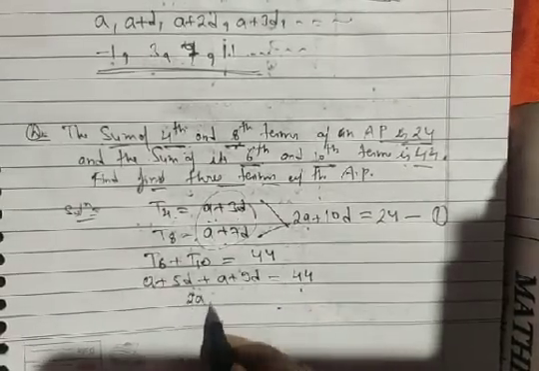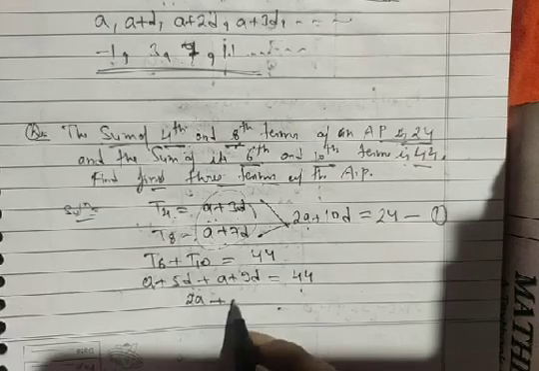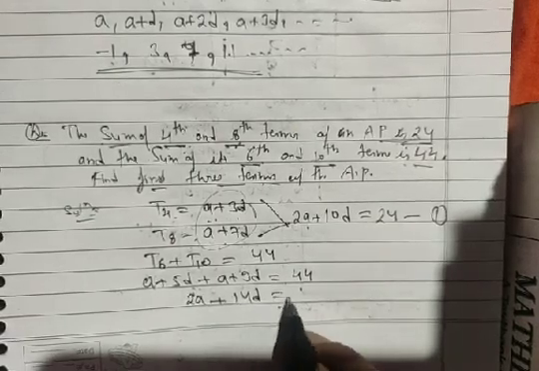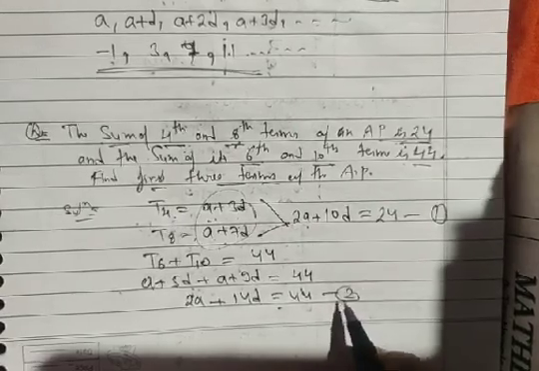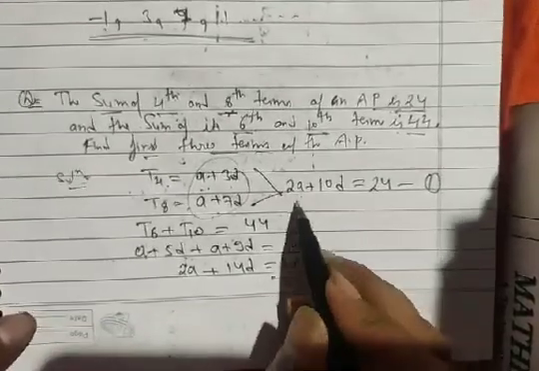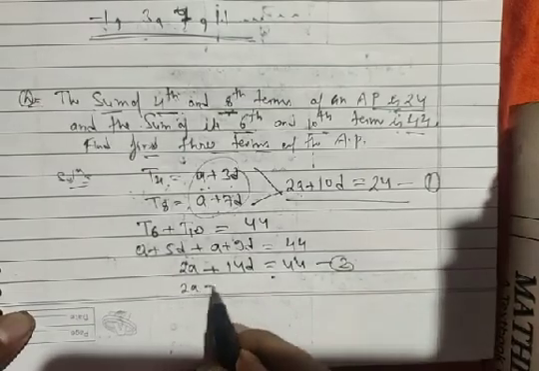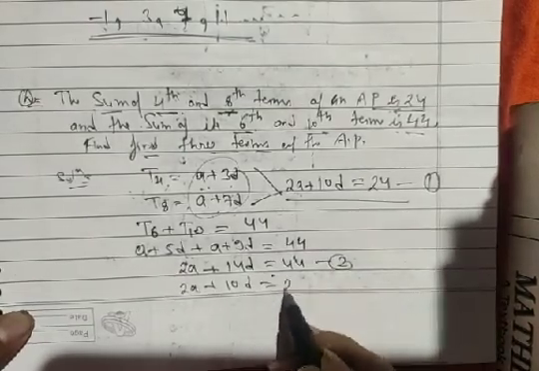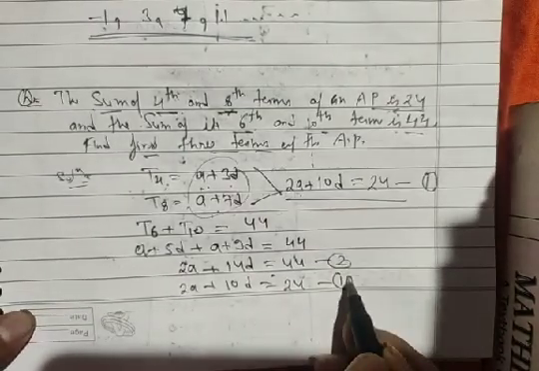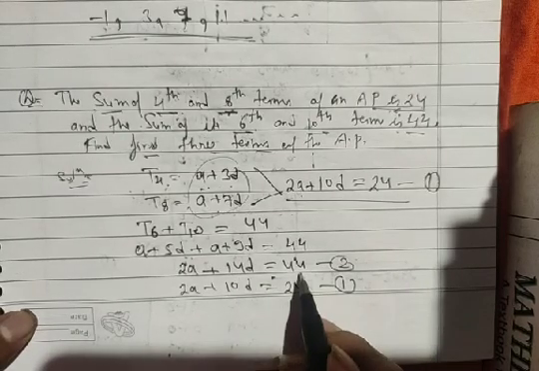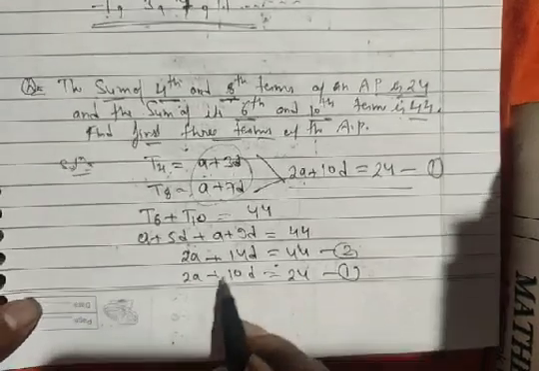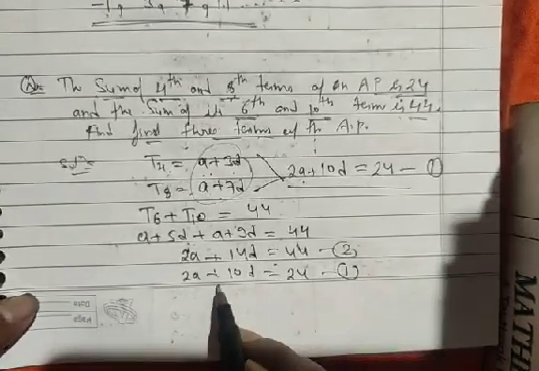So 2a plus 14d equals 44. This is our equation number 2. Now we have two equations: the first is 2a plus 10d equals 24, and the second is 2a plus 14d equals 44. Again we have a linear equation in two variables.